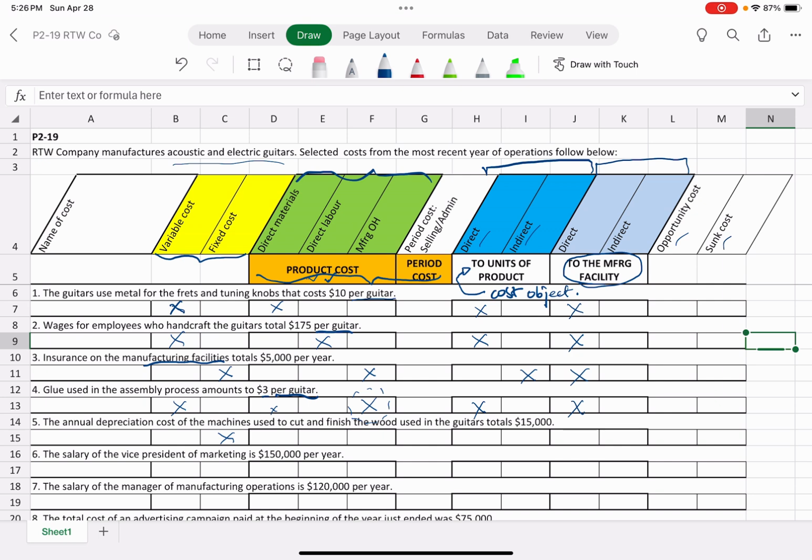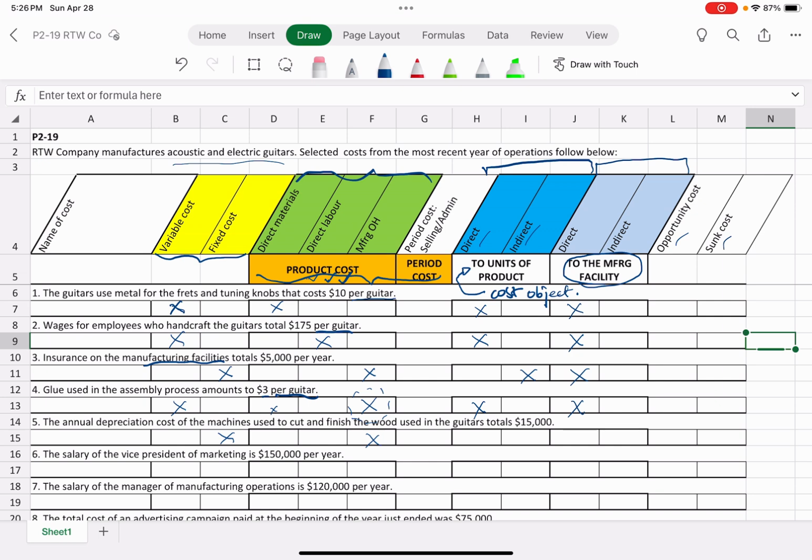That relates to how much depreciation you will actually charge. It is related to the place where the guitars are manufactured, so it's a product cost, and it's clearly overhead because we can't really tie that depreciation to the individual units of guitars.